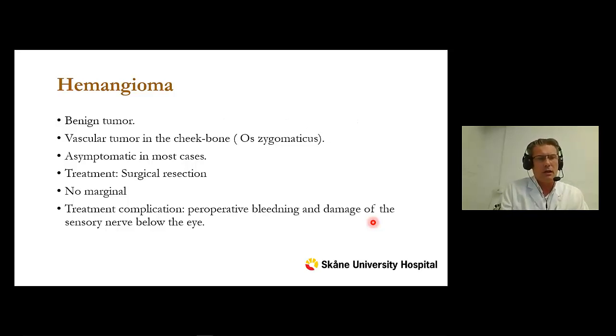It's asymptomatic in most cases, and the treatment for this type of tumor is surgical resection with no margin needed. The complication in this type of surgery is of course bleeding, and in this case the risk of damaging the sensory nerve, in this case below the eye.